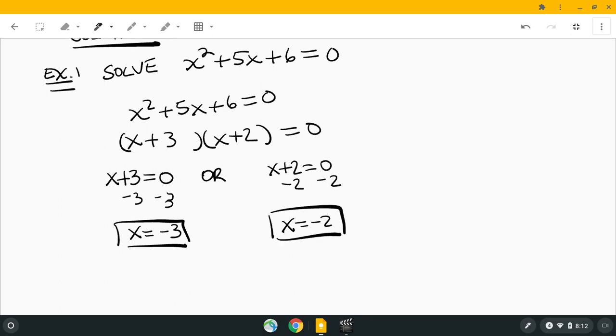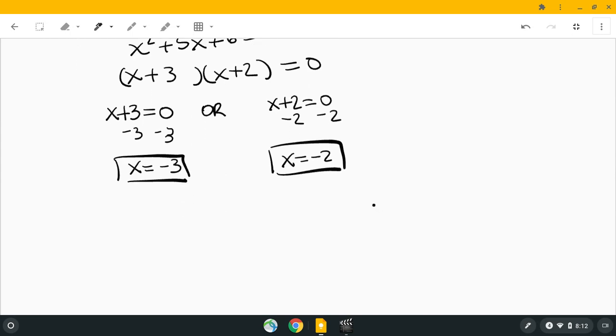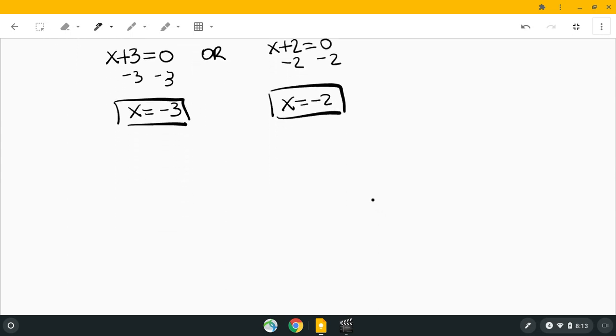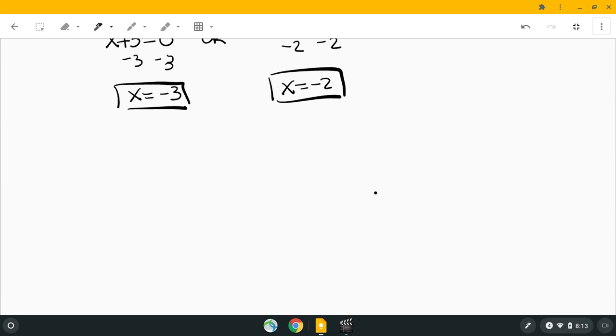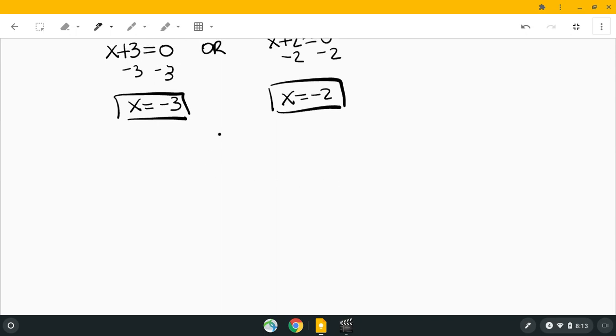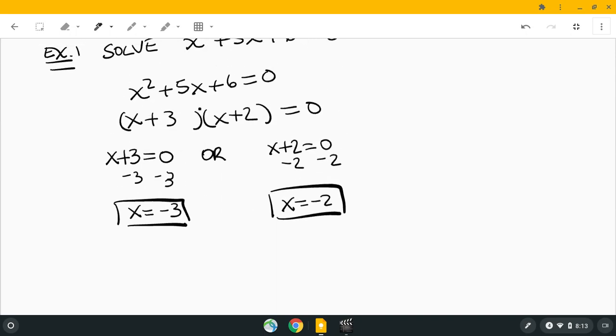And there are your answers. x equals negative 3, x equals negative 2. Okay? All right, let's take a look at another one. And you can always check these. If you plug these into the original equation and work it out, you'll get 0.